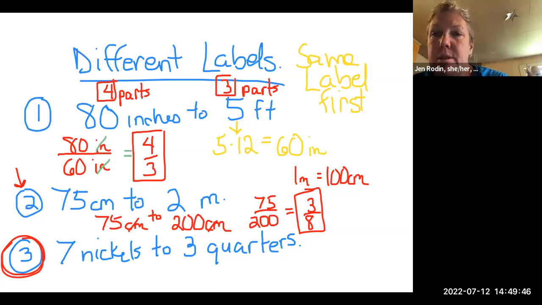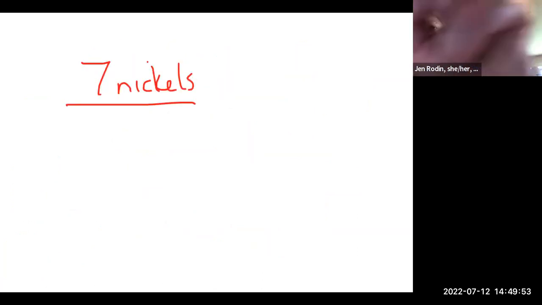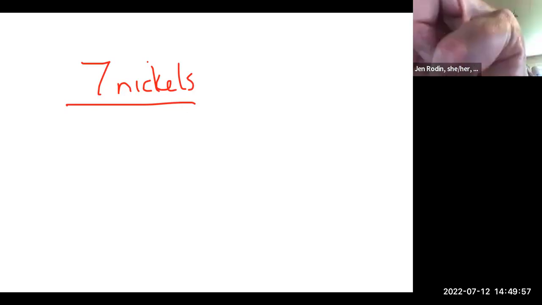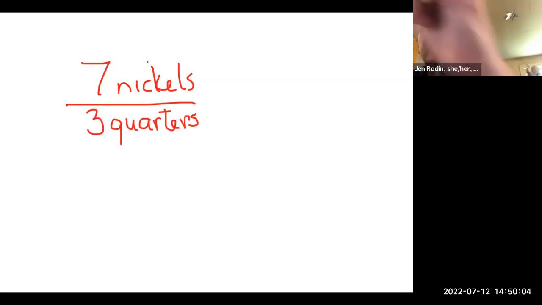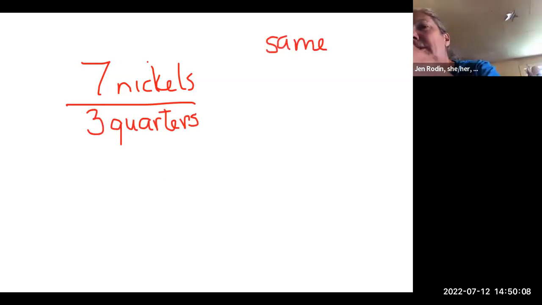Because it wouldn't be wrong to write 7 nickels to, what was it again? 3. Yeah, 3 quarters. But then we'd have to stop there because the 7 and the 3 can't reduce, and the nickels and quarters are not the same label. And our goal is the same label if possible.